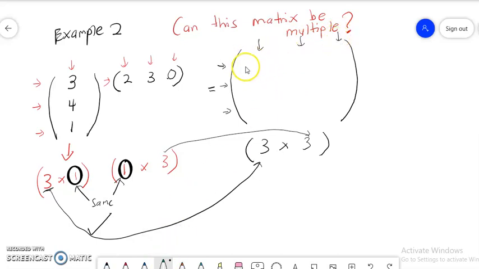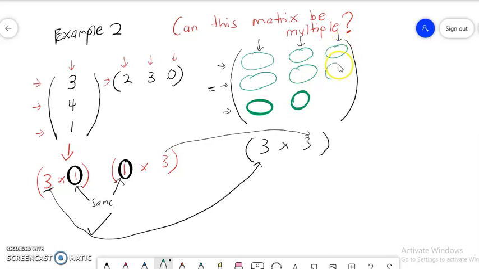So you have 1, 2, 3, 4, 5, 6, 7, 8, 9. So there are 3 rows and 3 columns. Okay, I hope you can understand about matrix now.